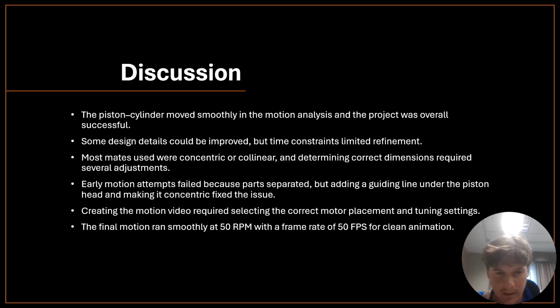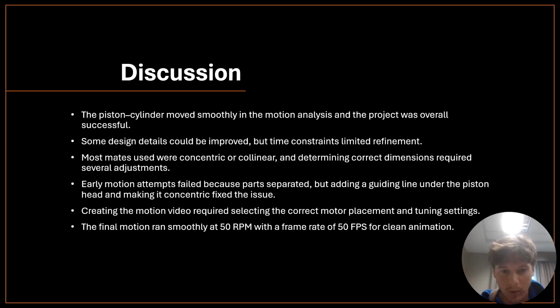Early motion attempts failed because parts separated, like when they fall apart during the assembly, but I added a guiding line under the piston. There's a line that you can make in SolidWorks, so whenever you have an object in SolidWorks, you can keep it in one spot by mating it with a line or with another part.